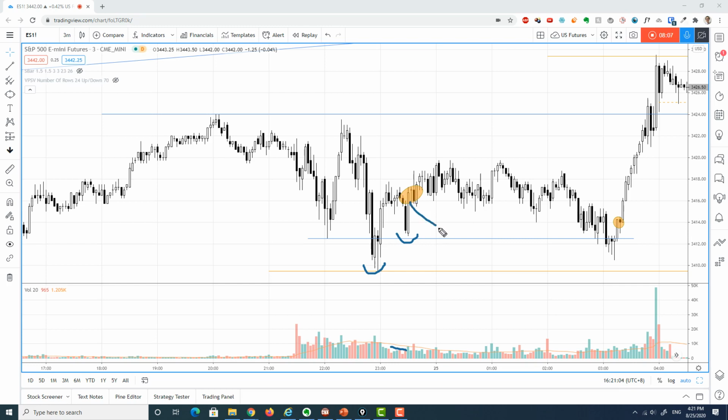Some traders might consider the close of this bullish bar as the long entry, with the anticipation of more upside, at least to travel to the resistance level at 3424. So in this case, it is a reward to risk ratio of around 1 or slightly more than 1.